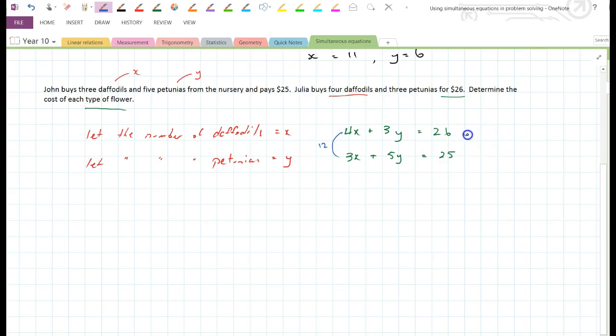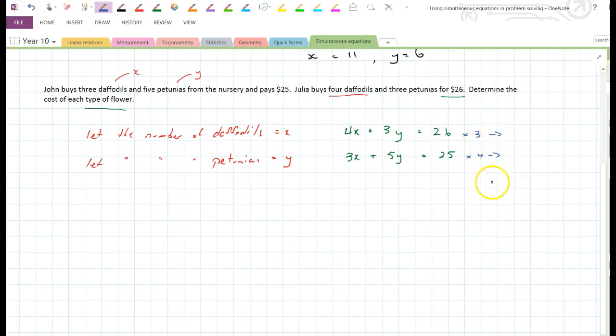So this means I'm going to times this equation by 3, and I'm going to times this equation by 4. Because in doing so, I'll end up with 12x here, and I'll end up with 12x here, and then I'll do a subtraction, and then I'll have eliminated my x. Okay, so that's my tactics. So let's go for it. Times this equation by 3.